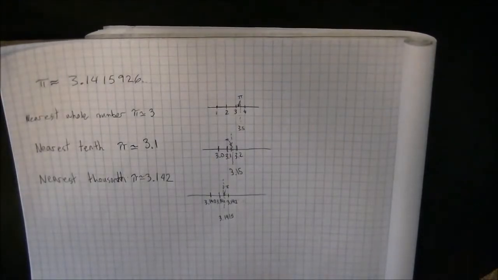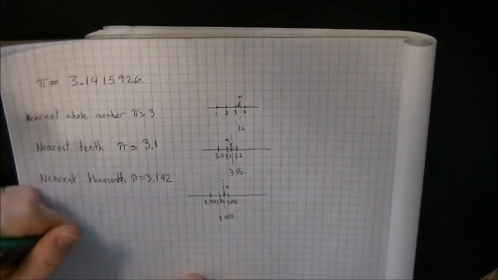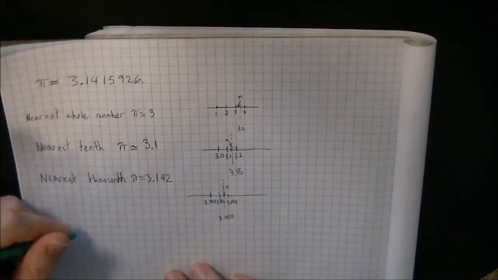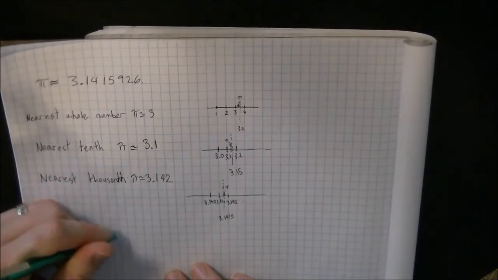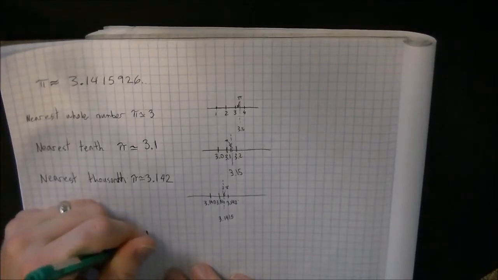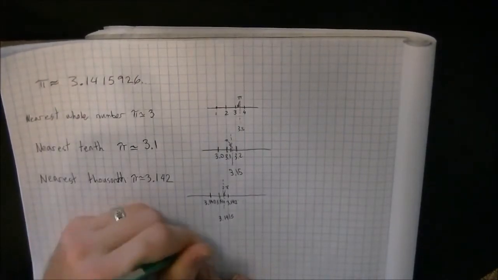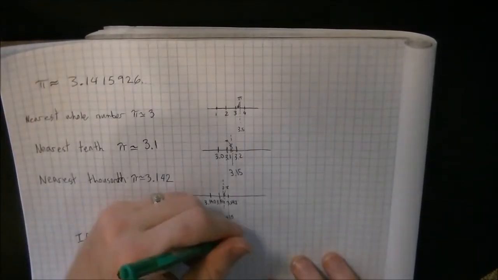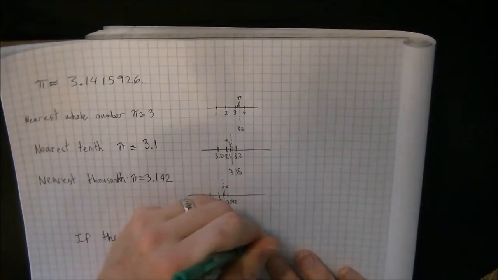Okay, so what are the rules for rounding? Okay, so what we're doing is, if the next digit is less than 5, we round down.